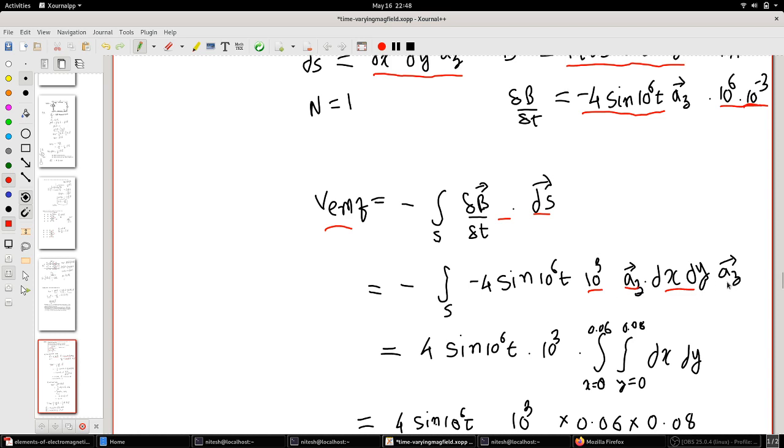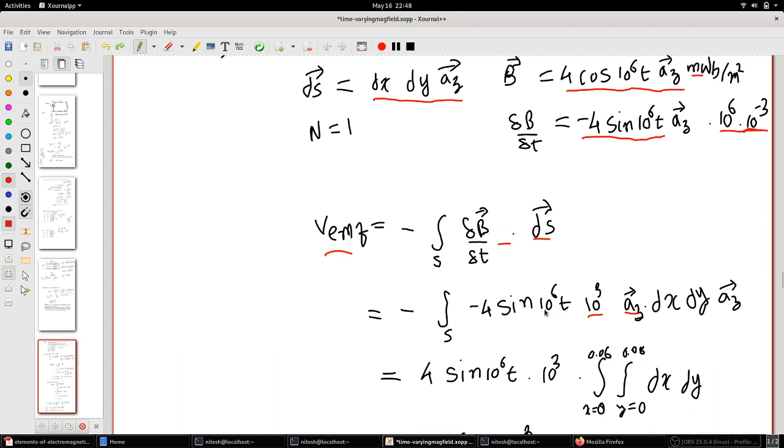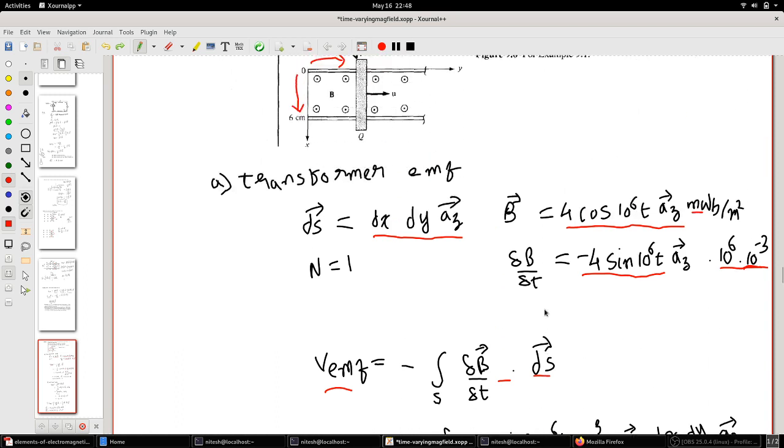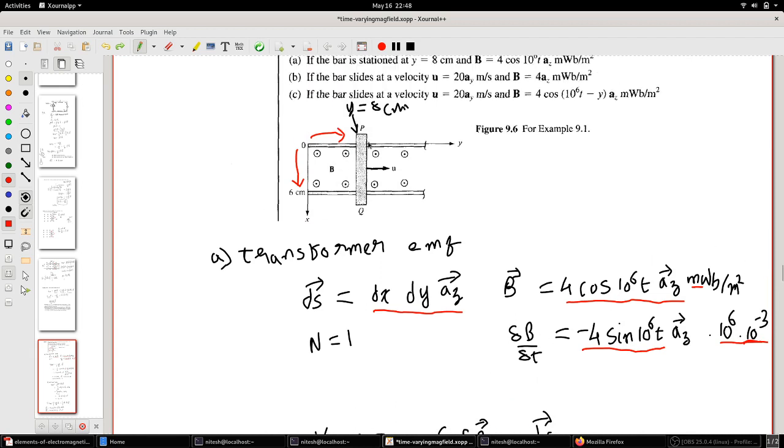Az dot Az becomes 1, and minus and minus cancel, becoming positive. So I get 4 sin 10^6 t into 10^3 into dx dy, where x goes from 0 to 6 centimeters and y from 0 to 8 centimeters.